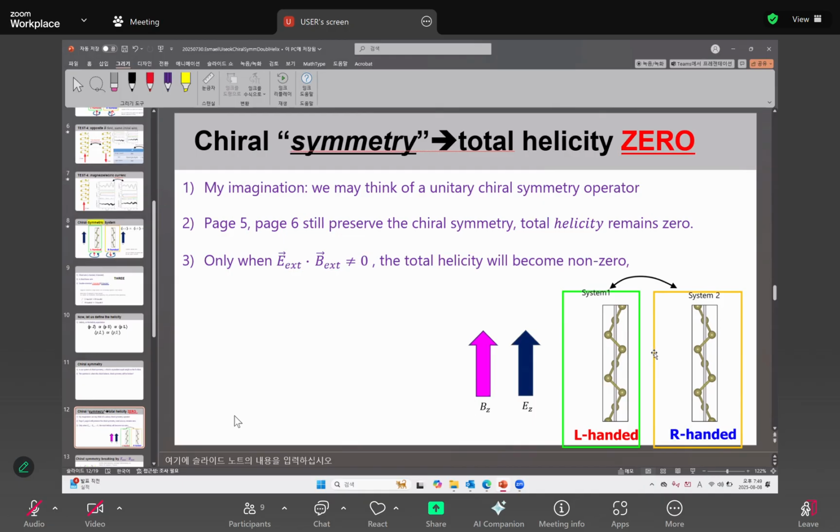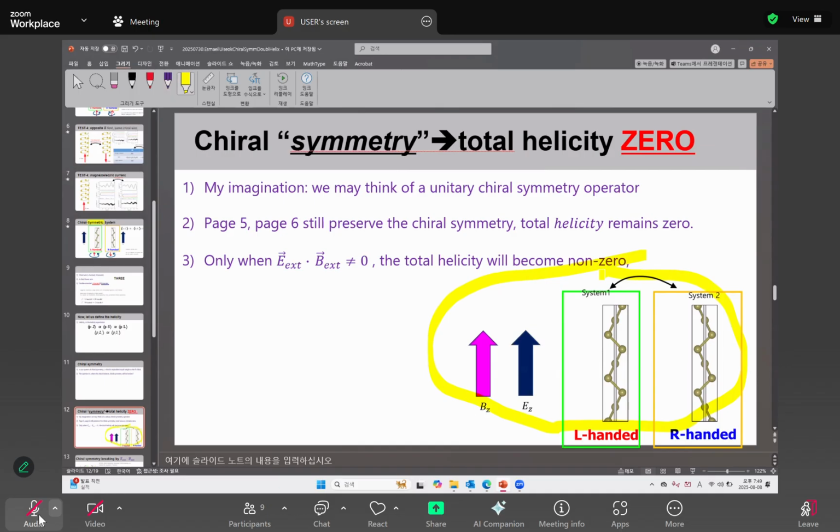Helicity will be 0 or will not be 0? Abba? Total helicity, if you calculate this one, will it be 0 or not? Esmaeil, how do you guess?